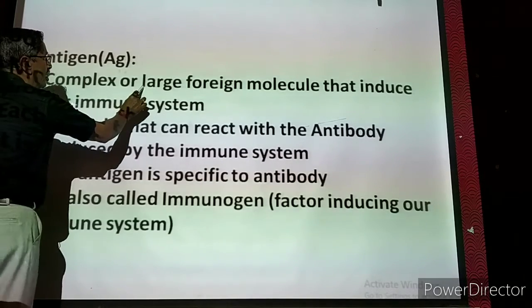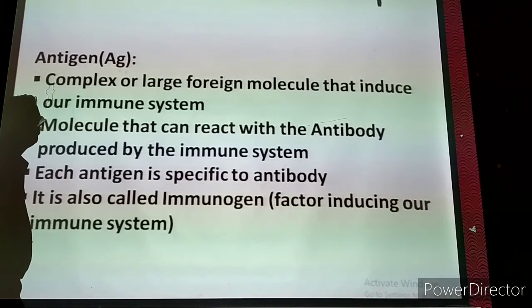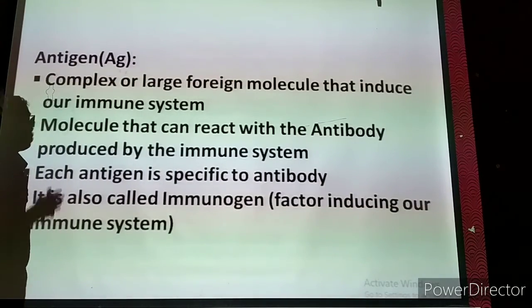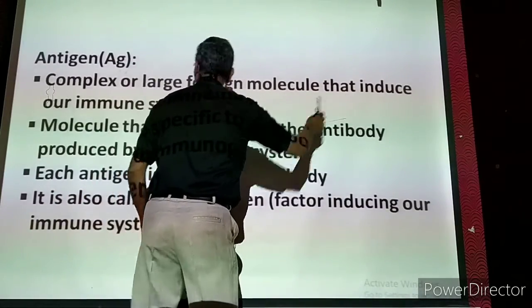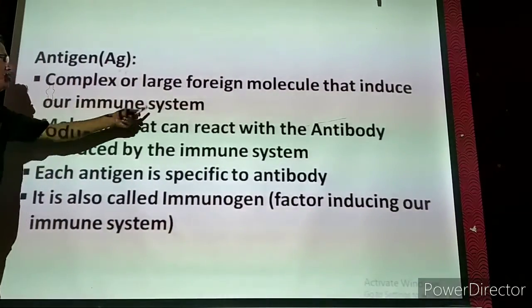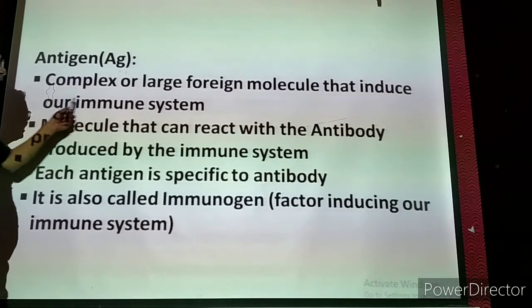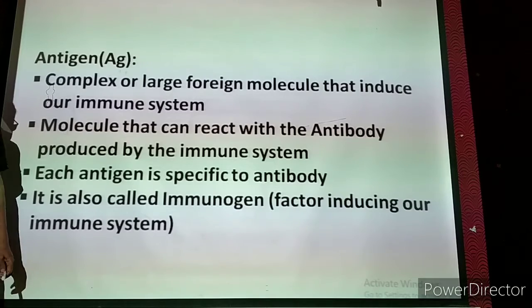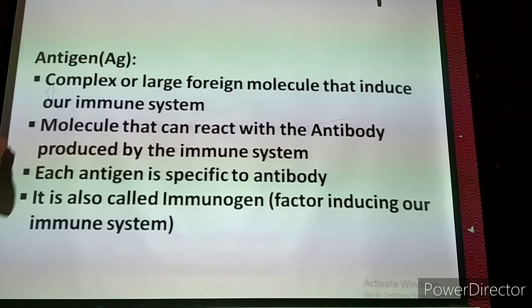It may be a complex molecule or a larger molecule, a macromolecule. Large foreign molecules that, once they enter our body, induce and stimulate our immune system. First, that is the meaning of antigen.